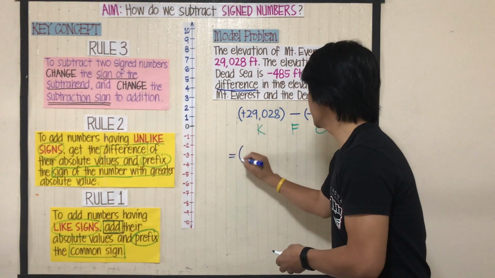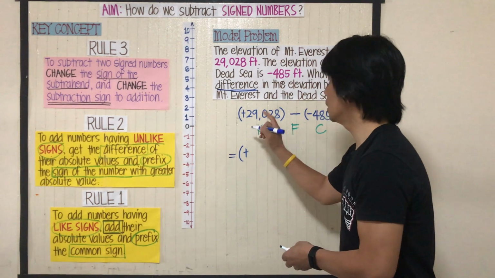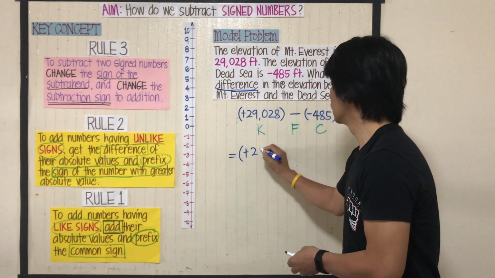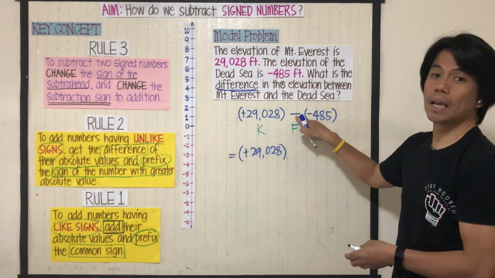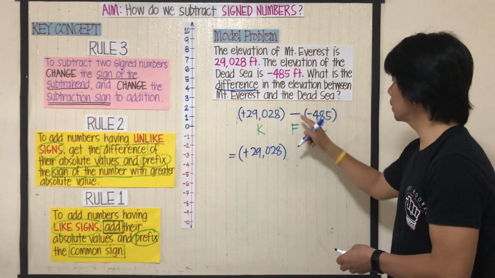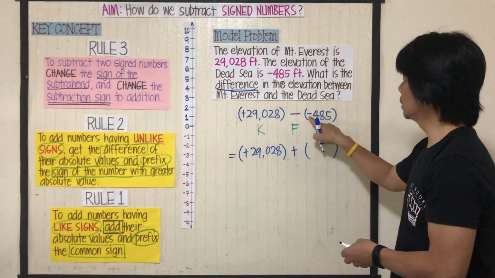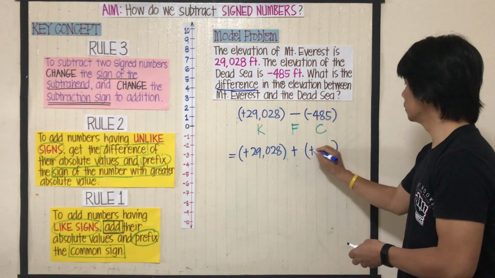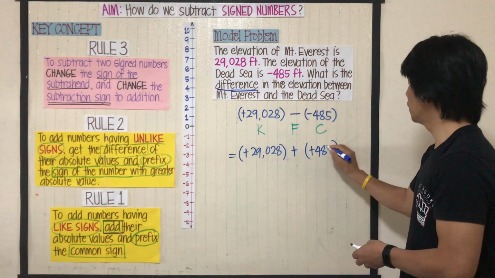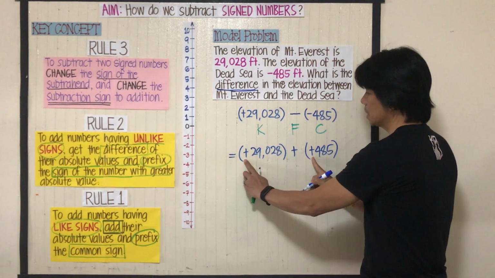Let's keep the 29,028, the height of the mountain. Flip the operation from minus to plus, and then change the sign from negative to positive. So 485.